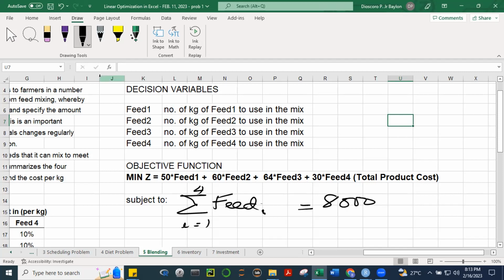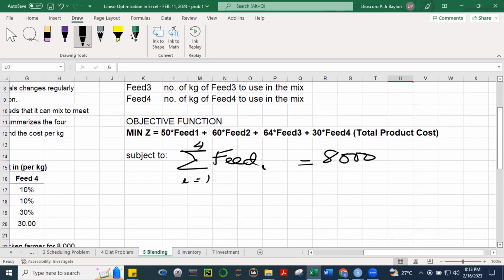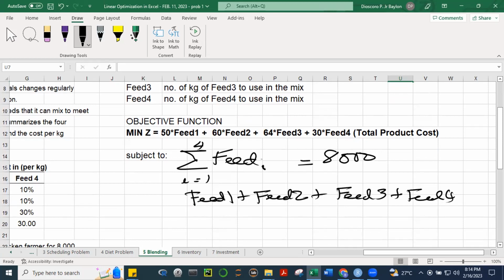Should it be a strict equality, class? So this means feed 1 plus feed 2 plus feed 3 plus feed 4. Oh, I think I better write that. So this is feed 1 plus feed 2 plus feed 3 plus feed 4 should be equal to 8,000.